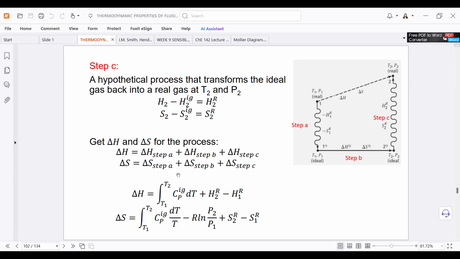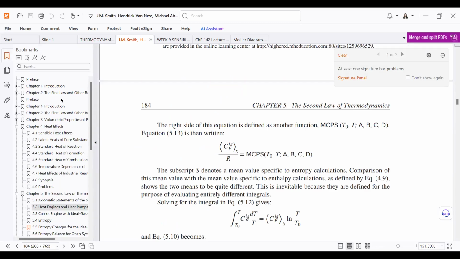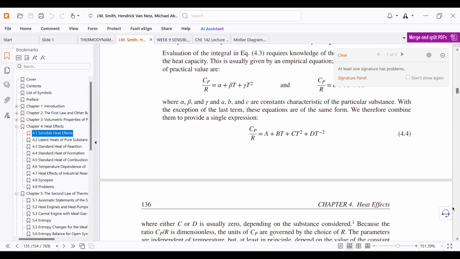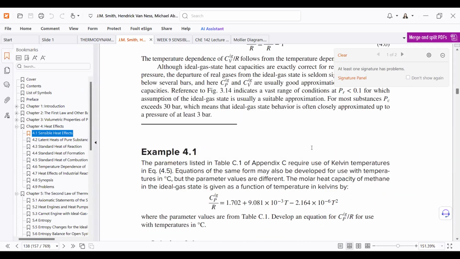The problem is, if we use this equation, we don't know T2, but we can use the mean heat capacity to iterate and find T2. This topic was not discussed last time under heat effects, but let me show you from the book what I mean.